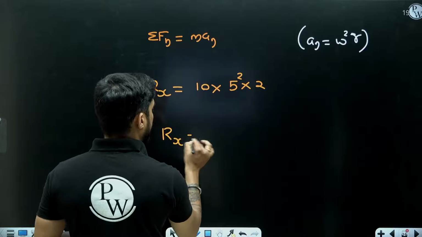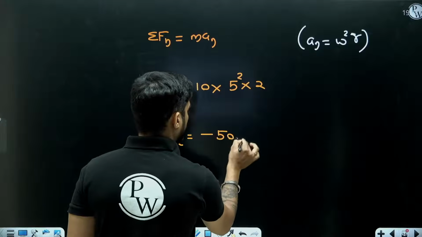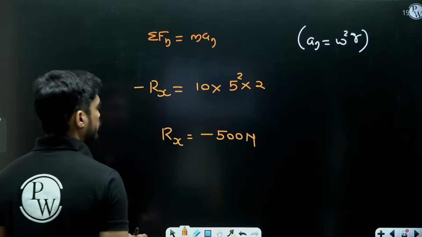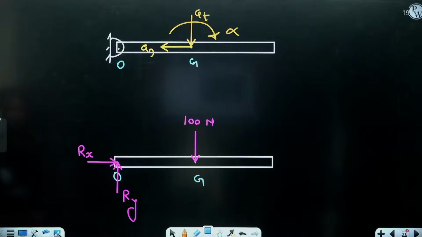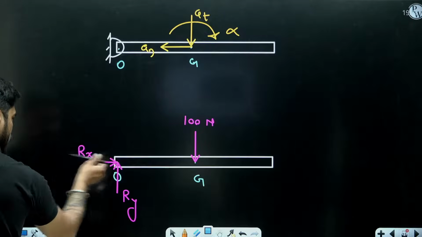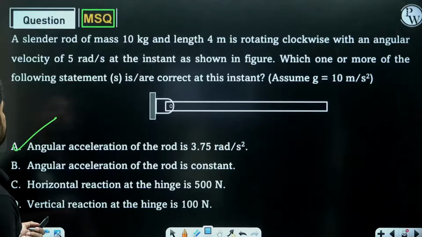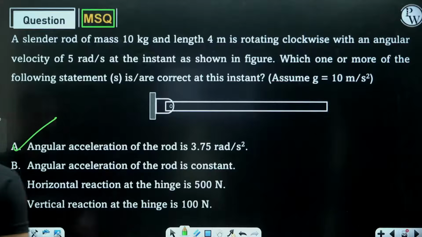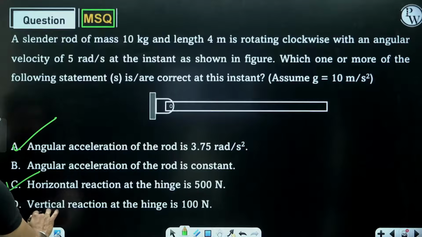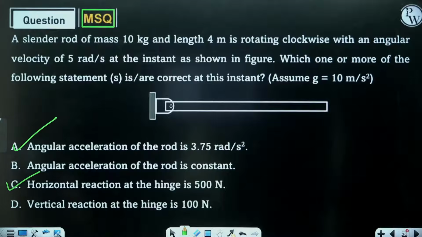So from here Rx will be negative 500 Newton. Why the negative sign? Because I have assumed Rx in the wrong direction. The actual Rx should be in the other direction. So Rx is 500 Newton. This is correct. Ry is 25 Newton. This is wrong. The correct answers are A and C.